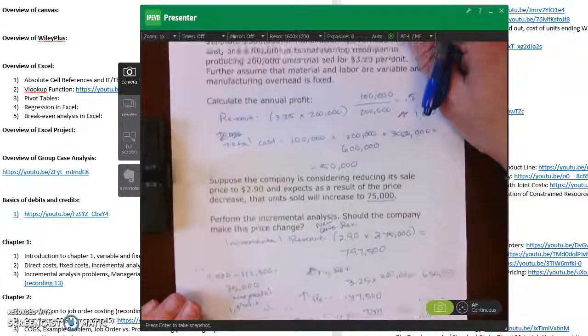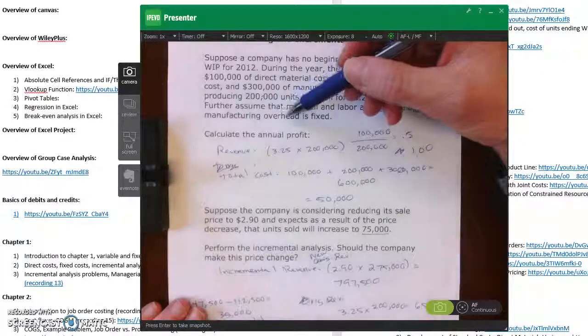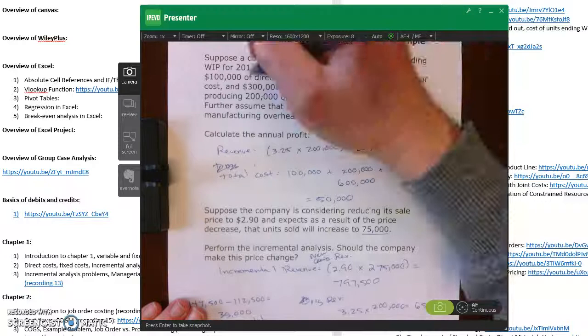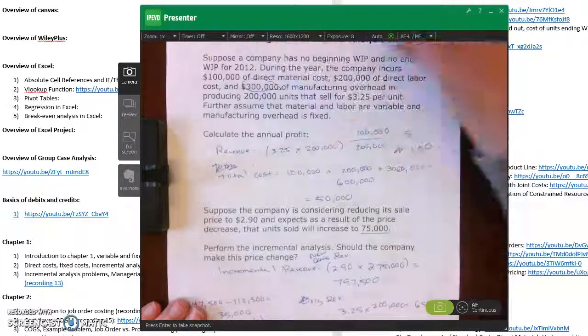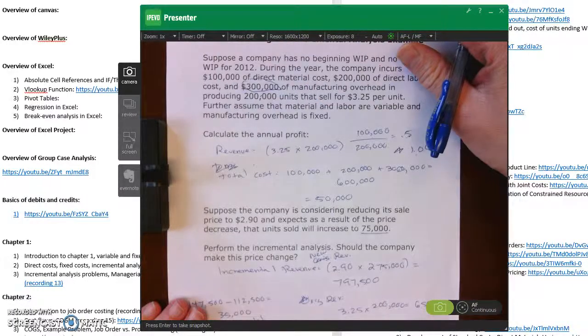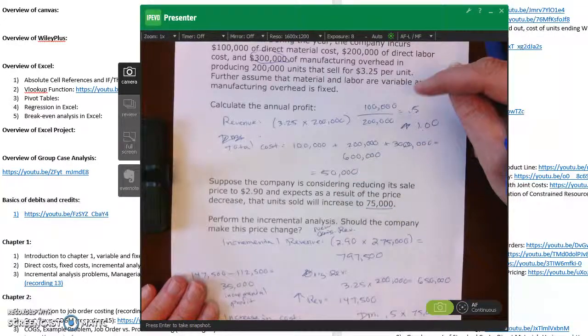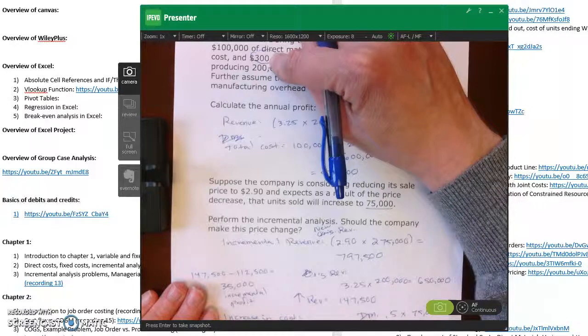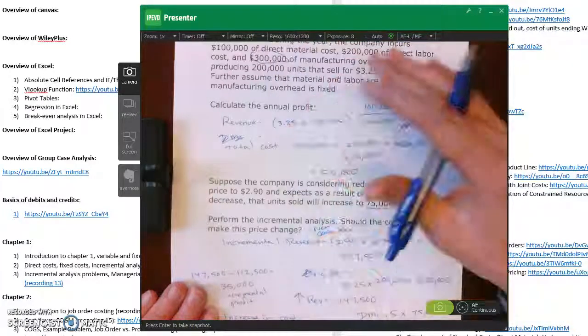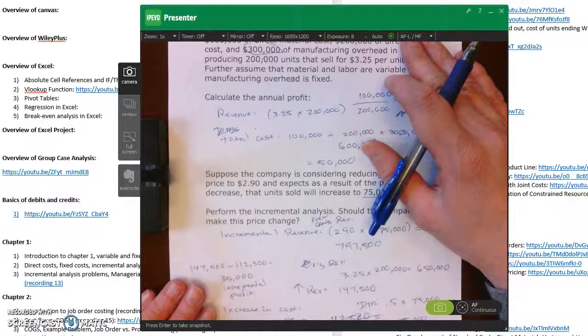But one thing to keep in mind is it says up here, all overhead is fixed. So that means this fixed overhead will be incurred regardless of whether or not we take this action. So we incur the same amount of overhead, whether or not we do that. Therefore, it's not an incremental cost.